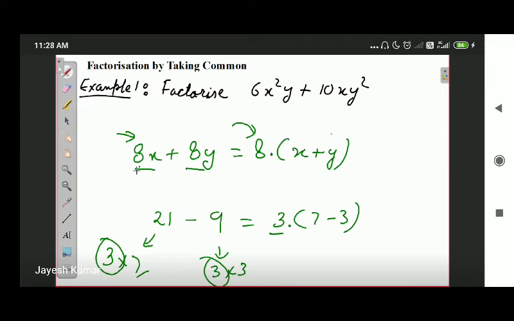Earlier it was addition of two terms. So changing the form of a polynomial from addition or subtraction of terms into multiplication of terms, that is called factorization of polynomials.